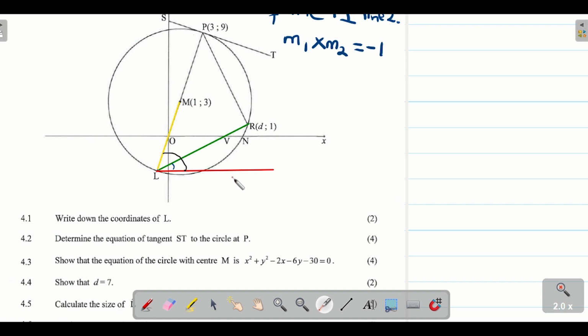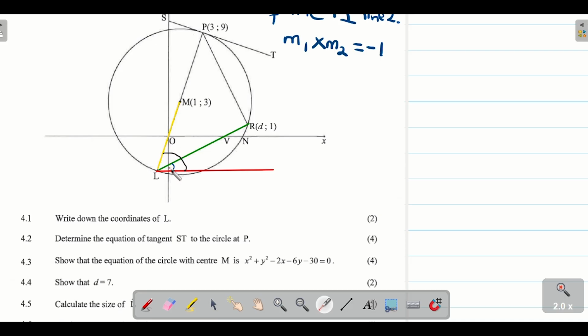You start off by drawing the horizontal line, and then you will see that this line LR forms an angle, which is this one, and then the yellow line with the horizontal line also forms another angle.